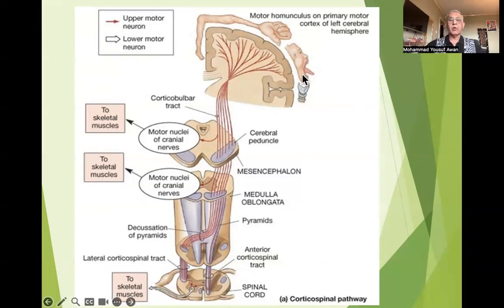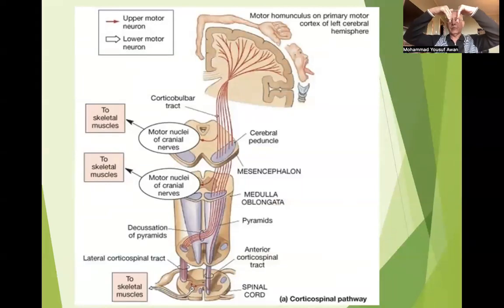If you look at the face and the tongue, they perform a bigger function. The hand performs much more function than the rest of the arm, so a big area on the cortex is represented by the hand, and similarly a big area is represented by the face and the tongue. If you look at this diagram, remember this one: the opposite leg is represented on the medial side of the hemisphere.